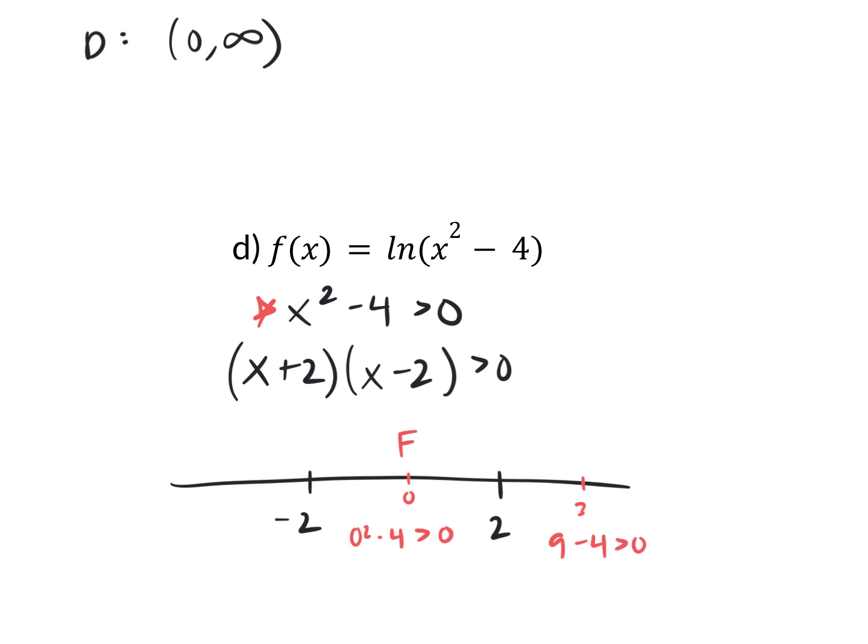Is 9 minus 4 bigger than 0? Yes, this is true. And then the same thing would be for negative 3. If I plug in negative 3, I also get 9 minus 4, right? So that is also true. So my interval for the domain for this function is from negative infinity to negative 2, and from 2 to positive infinity.